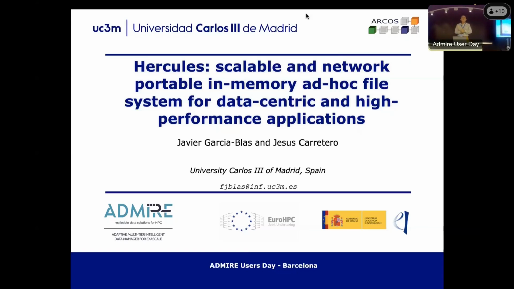Okay. The good thing about Hercules is that it's very nice to run with workflows when you need to communicate things on different steps of the jobs. So you can easily connect the different stages of the workflows using Hercules without many problems. Okay.